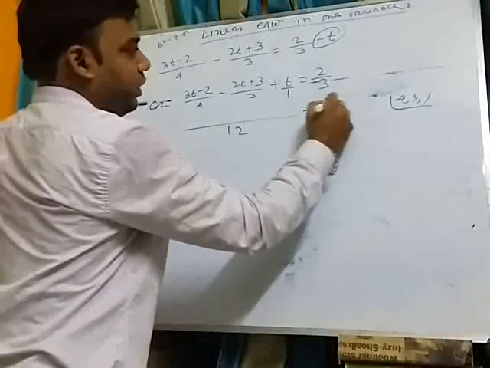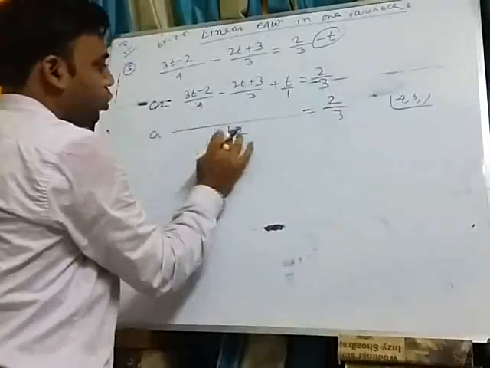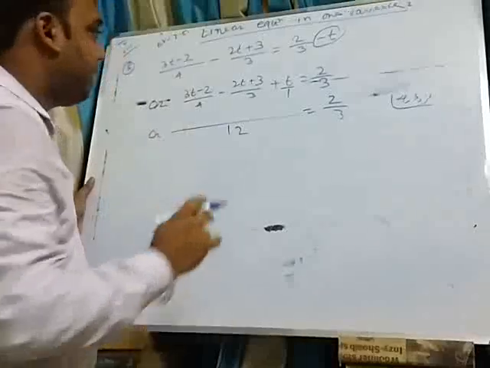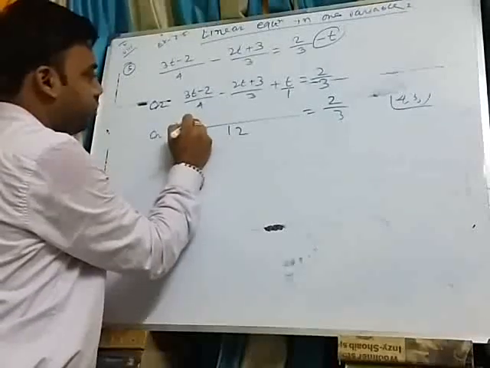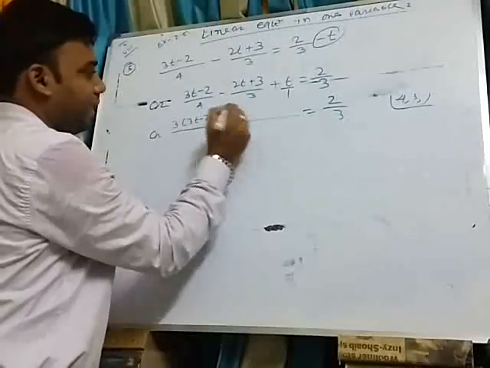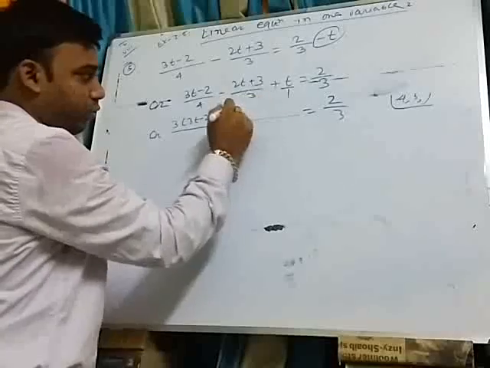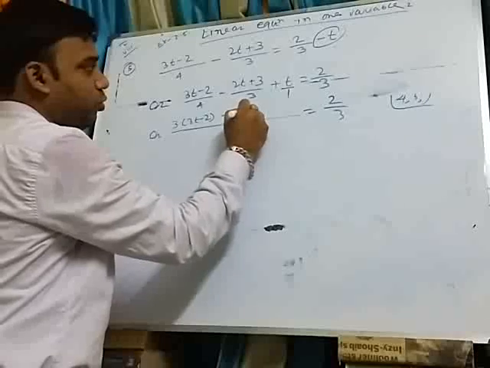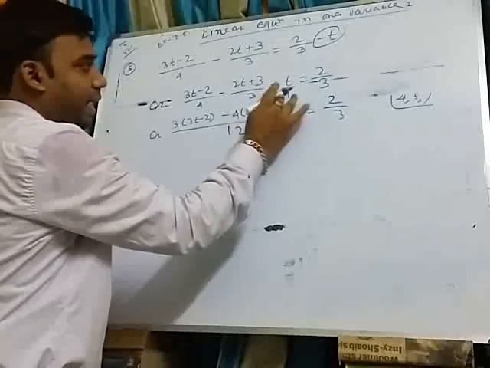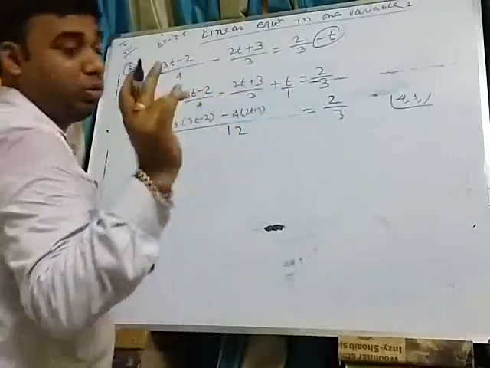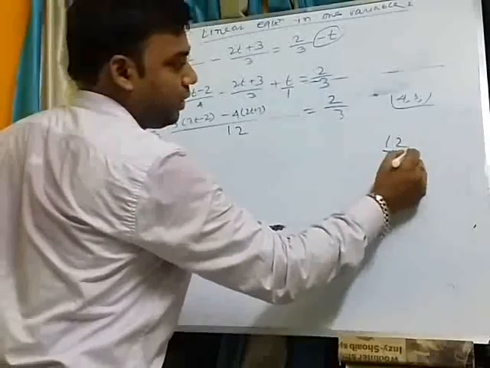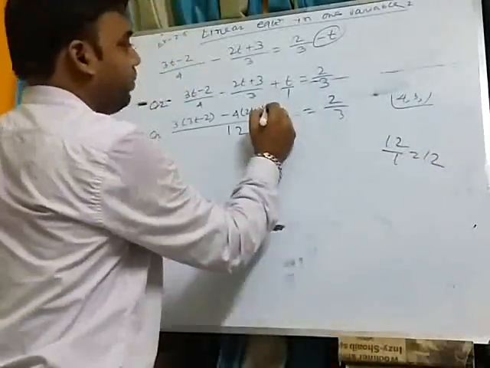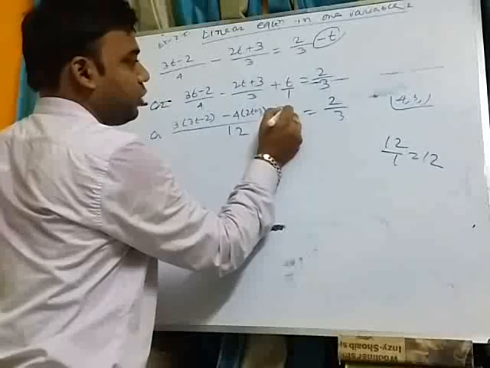And here 2 by 3. Now 12 divided by 4 is 3, so 3 into (3t minus 2). Minus, 12 divided by 3 is 4, so 4 into (2t plus 3). And 12 divided by 1 is 12, so 12 into t, that is 12t.